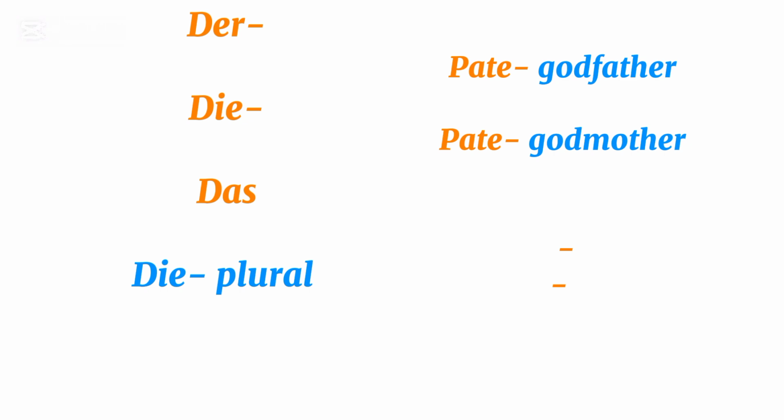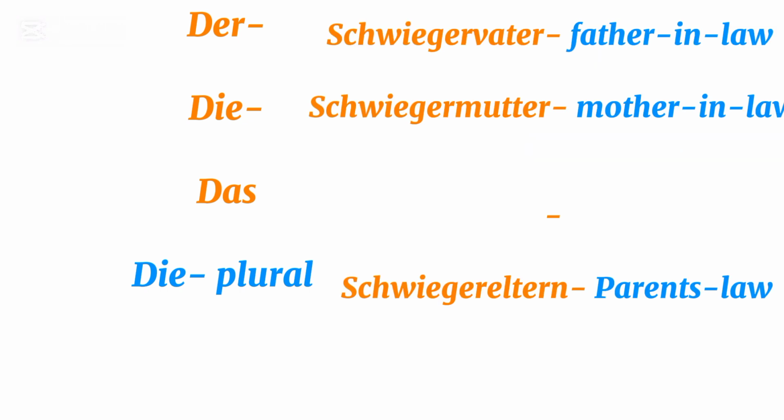Our first in-law here is father-in-law. Father-in-law is called Schwiegervater. Then we have mother-in-law. Mostly these ones are very sweet. Schwiegermutter, mother-in-law. Then we have brother-in-law, the brother to your husband.